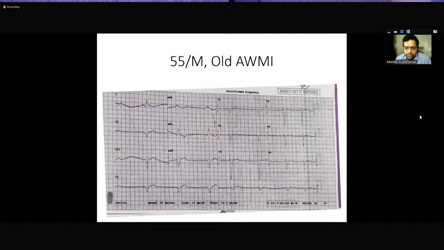So, a 55-year-old male, old anterior wall MI. You can see that the QRS is maybe around 120 to 130 milliseconds. There's underlying atrial fibrillation. The ventricular rate is around 50 or 55 beats per minute.